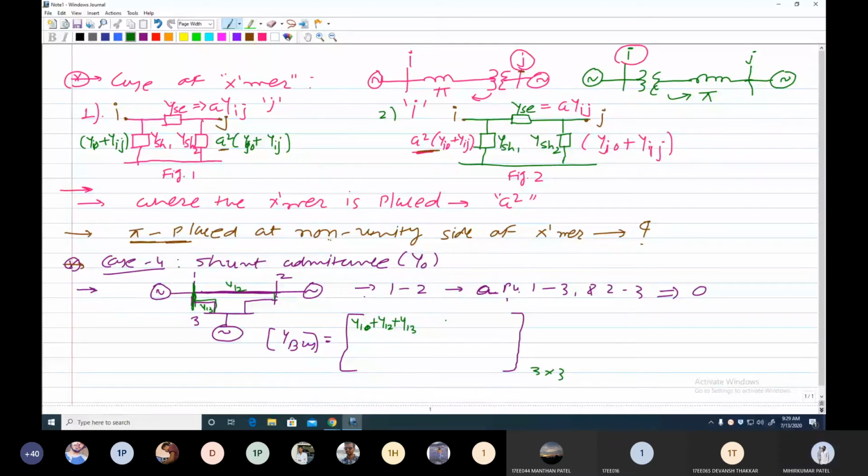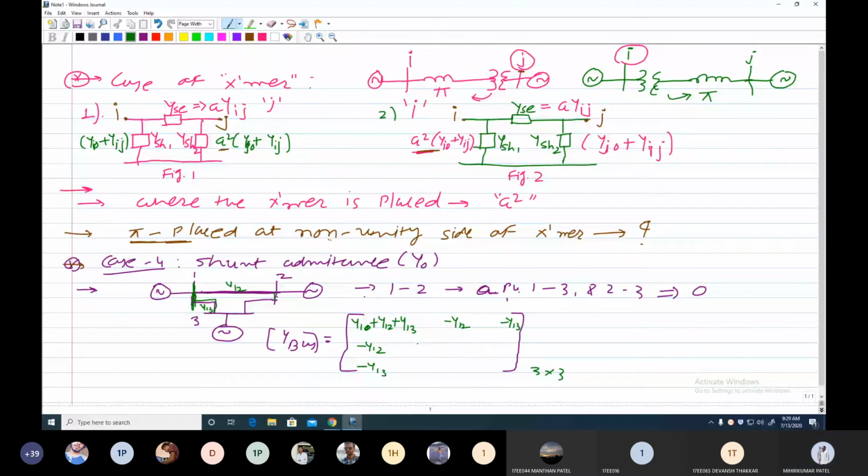Second element: minus Y12. And the third element is minus Y13. Again, it is a symmetric matrix, so the upper and lower triangular parts are the same. What is the value of Y22?